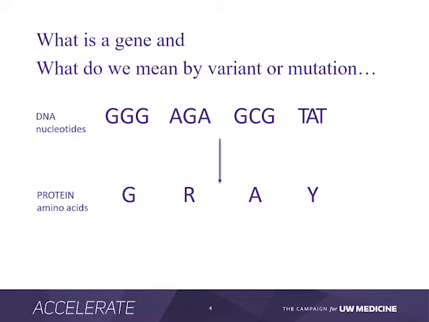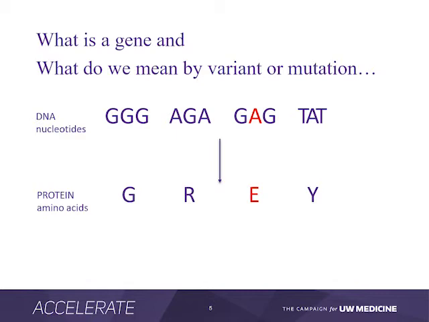It's a triplet code. I want to explain what I mean by variant or mutation. Here we put in a single nucleotide variant. We've changed one base, which changes the code so that this is an E. So we've gone from GRAY to GREY.